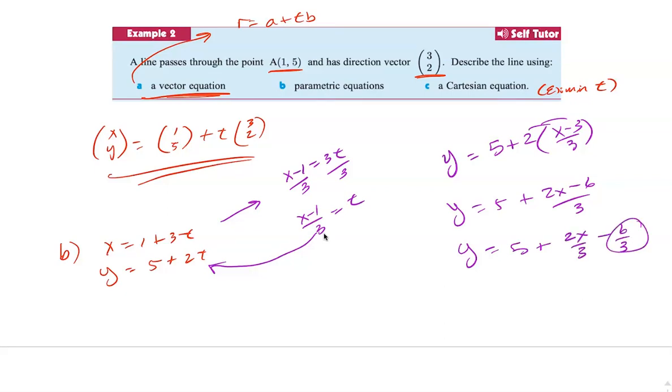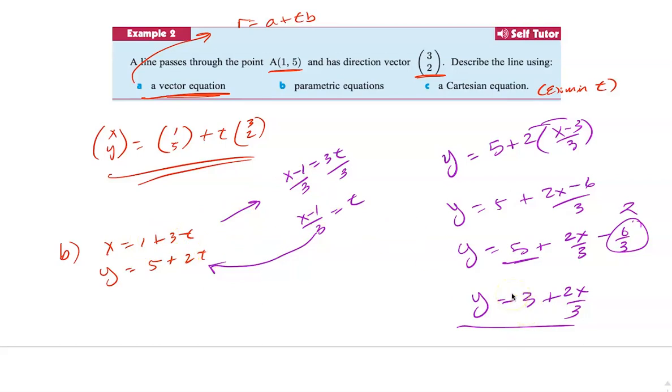Then you can combine 5 and the minus 2 over 3, and you get y equals 13 over 3 plus 2x over 3. That's a Cartesian equation. So you just eliminate the t: solve for t, plug into the other equation, and simplify, and that's a Cartesian equation.